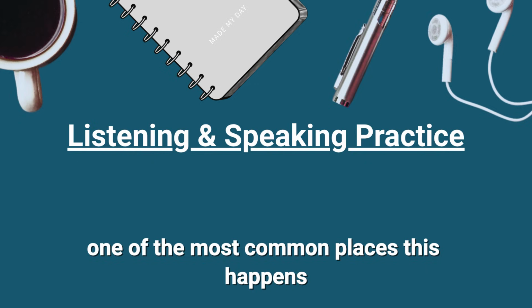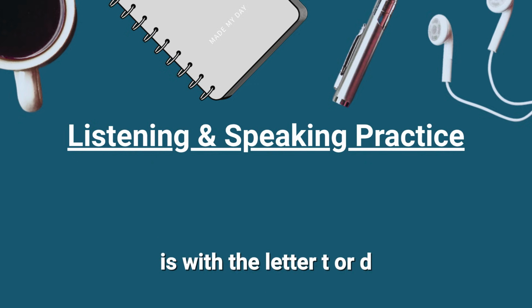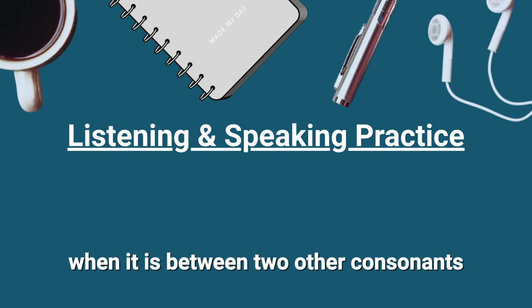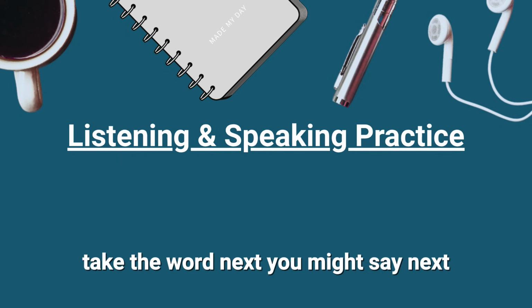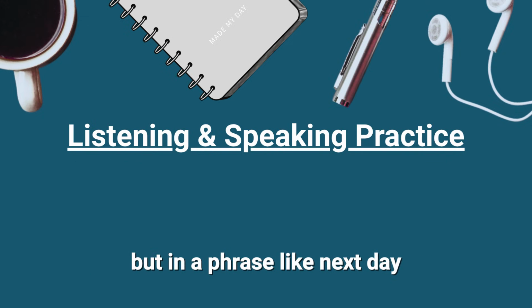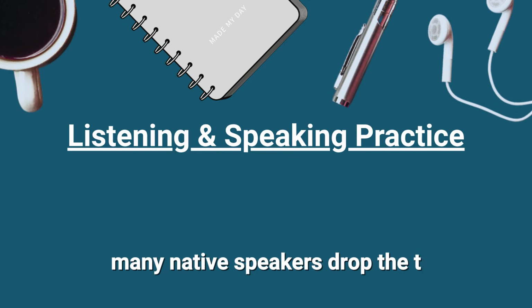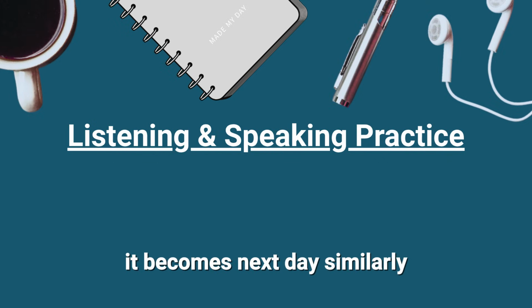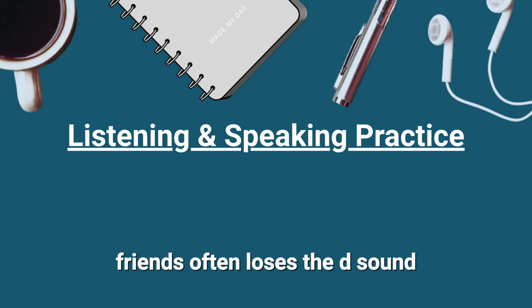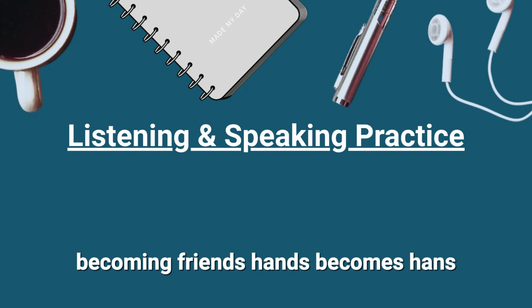One of the most common places this happens is with the letter T or D in the middle of a word when it is between two other consonants. Take the word next. You might say next, but in a phrase like next day, many native speakers drop the T. It becomes next day. Similarly, friends often loses the D sound, becoming friends. Hands becomes Hans.